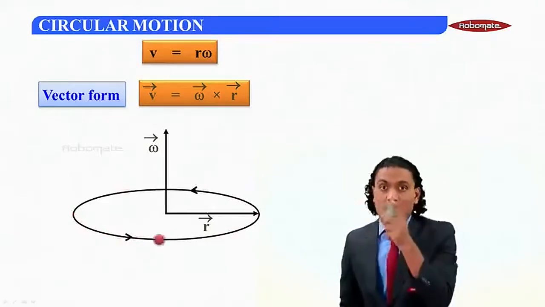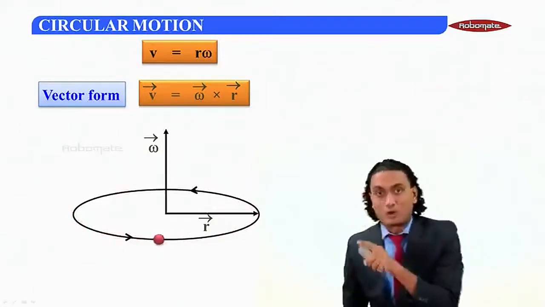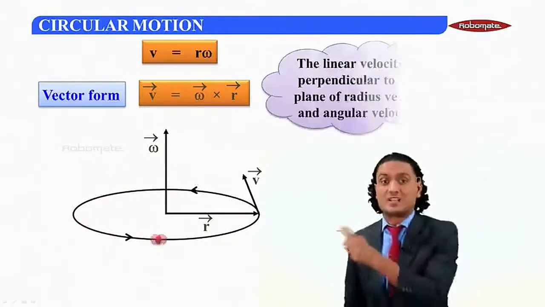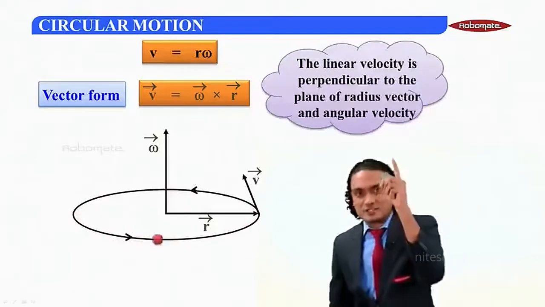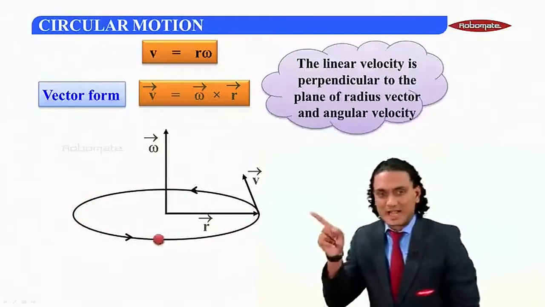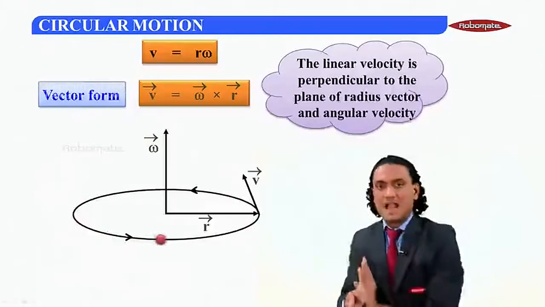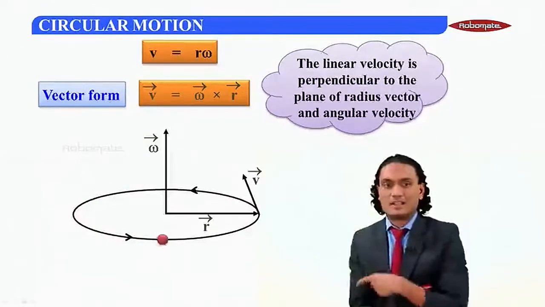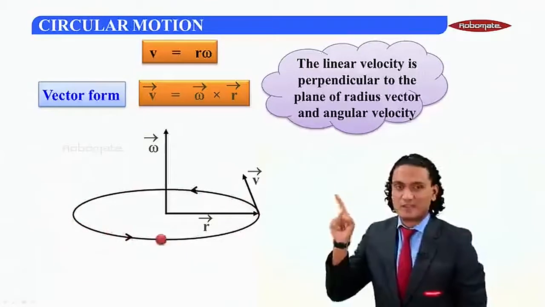V is omega cross R. Again, you use right hand rule. So V will be tangential to the circular path traced by the particle. Now see here, this is very important. You see the direction of V? V is tangential. V, R and omega, all the three vectors are perpendicular to each other. Is that clear? This is very, very important, students.